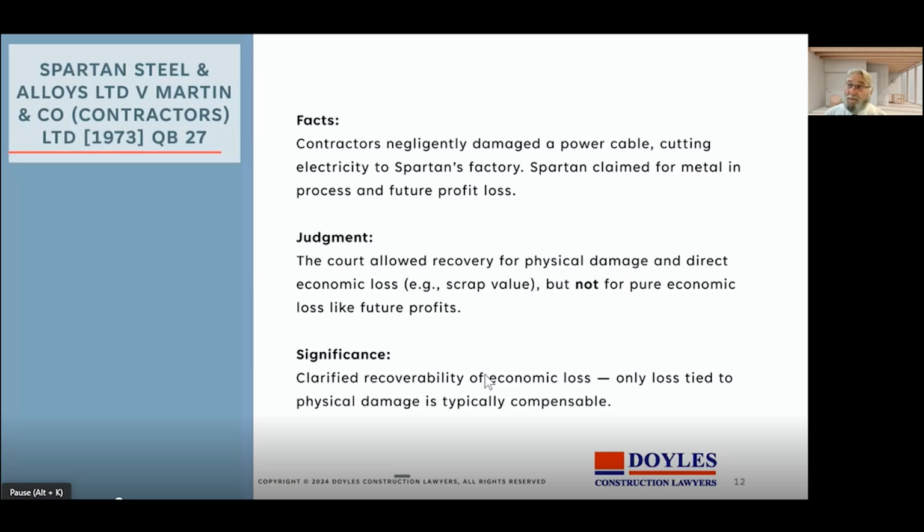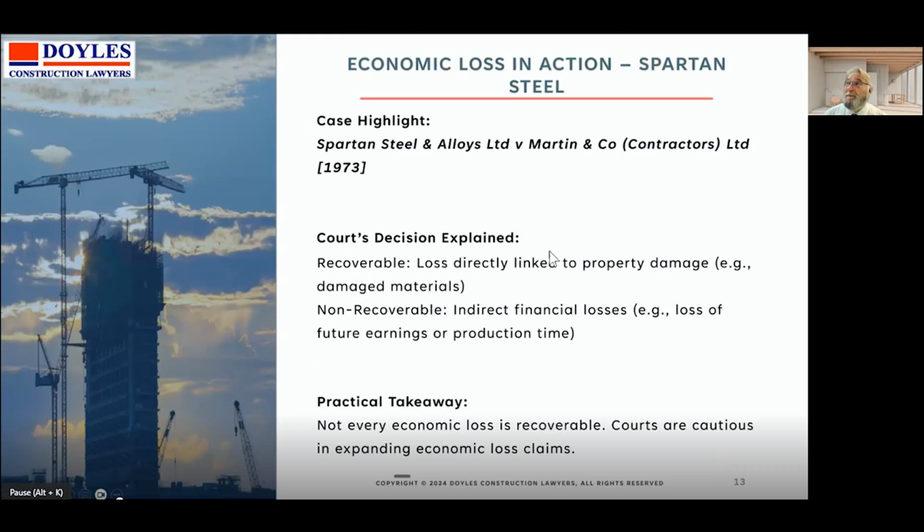So it clarified that there were some limits on what you could look for. The loss directly linked to the property damage was likely to be recoverable, but indirect financial losses, not so. So it just demonstrates the courts are cautious.